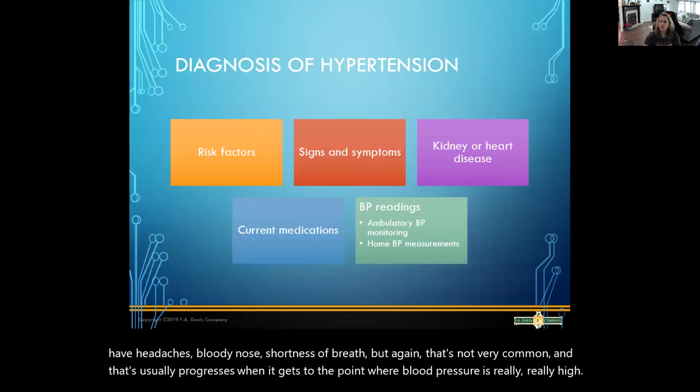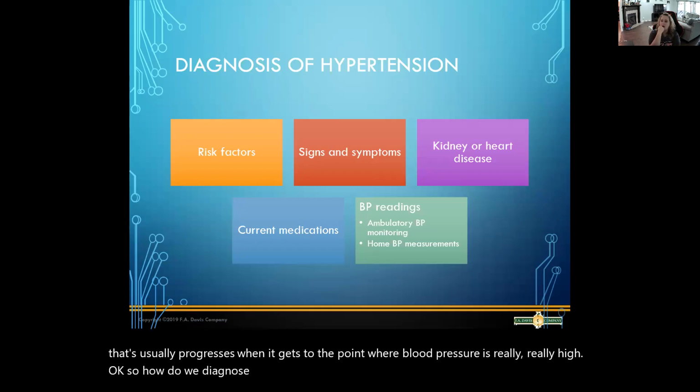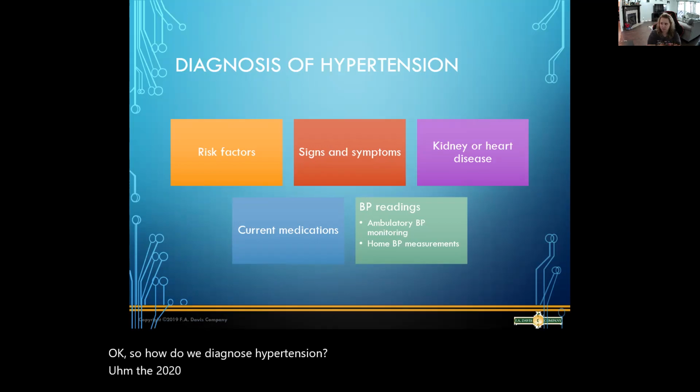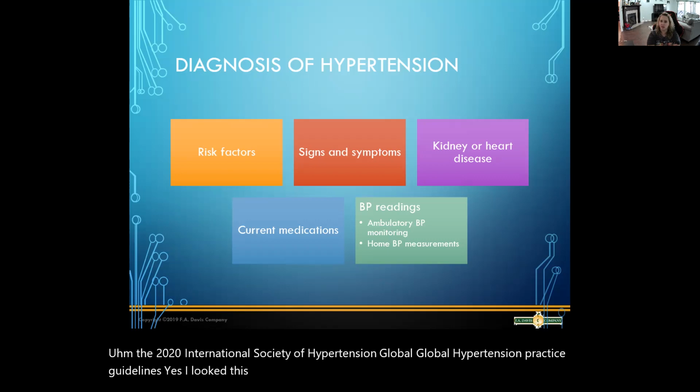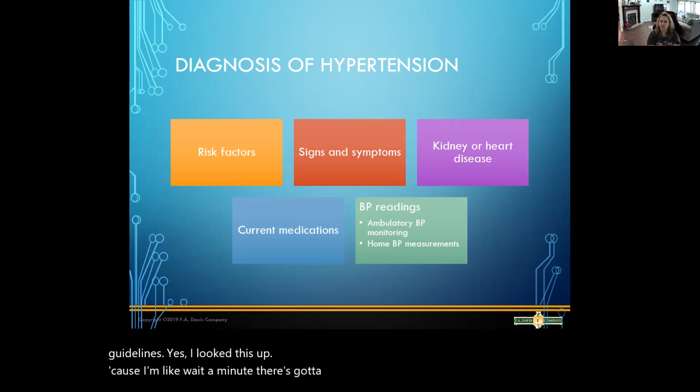Okay. So how do we diagnose hypertension? The 2020 International Society of Hypertension Global Hypertension Practice Guidelines. Yes, I looked this up because I thought, wait a minute, there's got to be some guidelines here. It just didn't go into detail in your book.